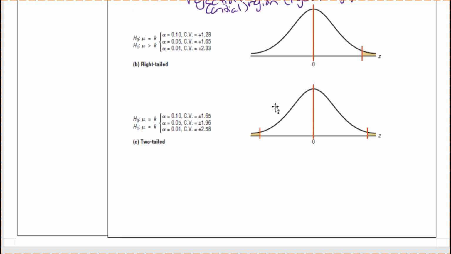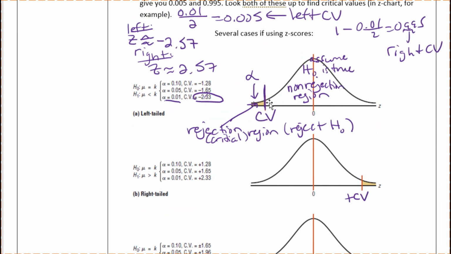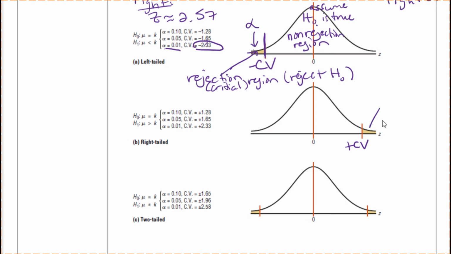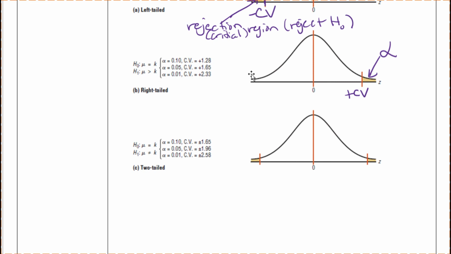Okay, so if we're a right-tailed test, then our critical value goes on the right side, and the critical value is positive. If you're on the left side, the critical value is negative. In this case, this is my alpha, and now we know how to find the right side. So if you're doing the right-tailed test, you do 1 minus alpha. For the left-tailed test, you look up alpha.